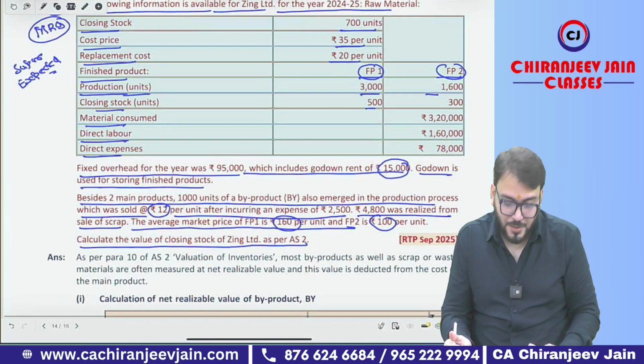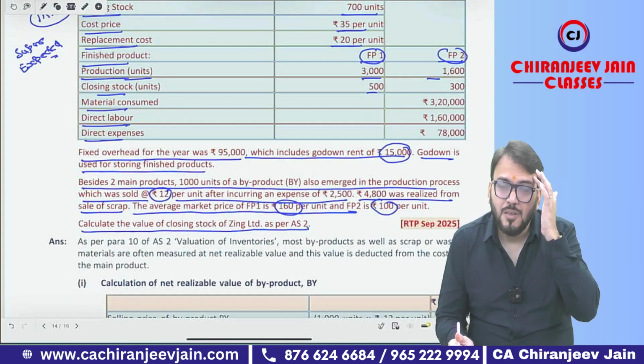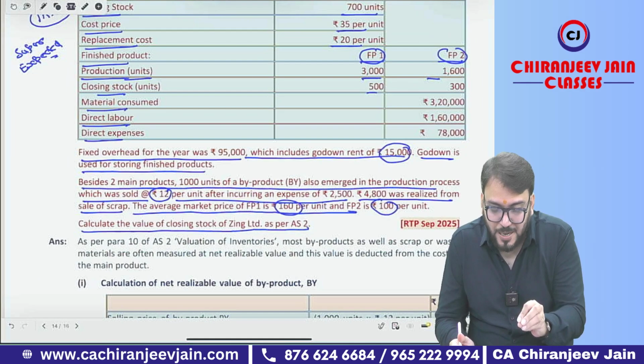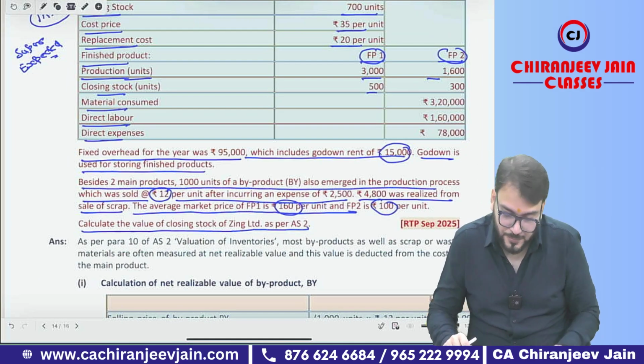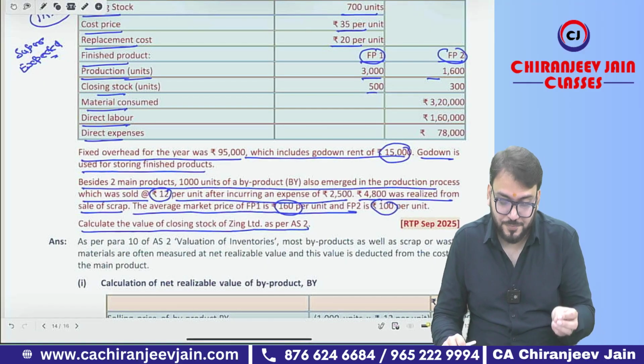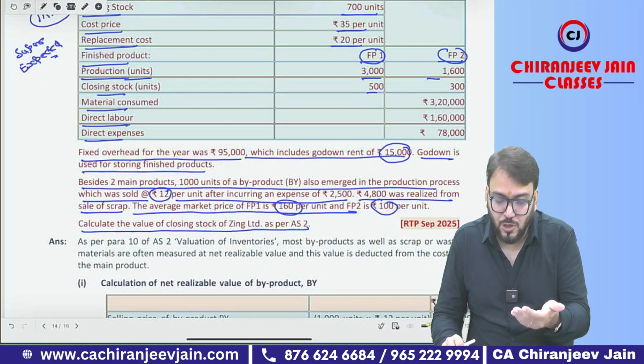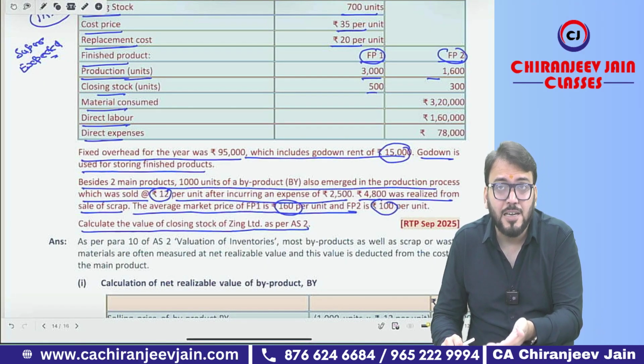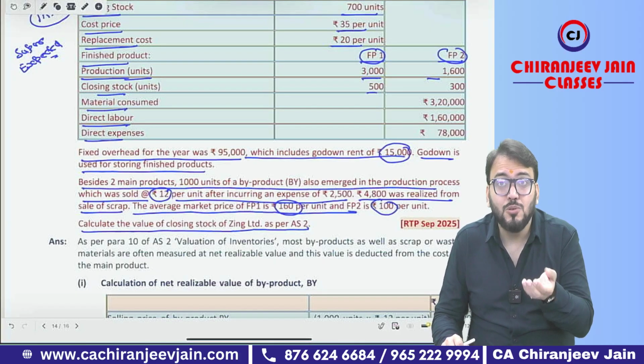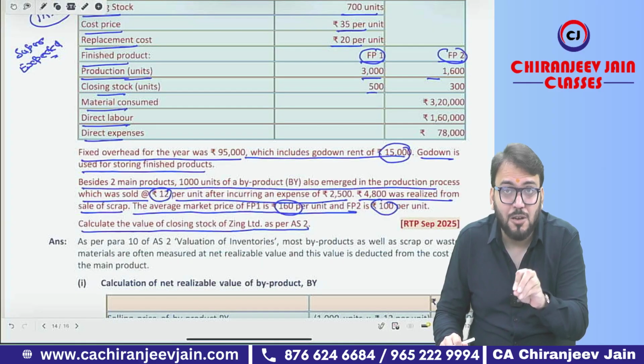So first, what will we do? We need to find the cost price of FP1 and FP2, for which we need to apply the concept of joint cost allocation.